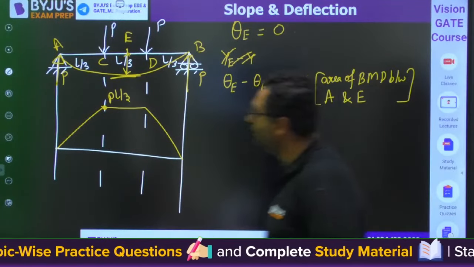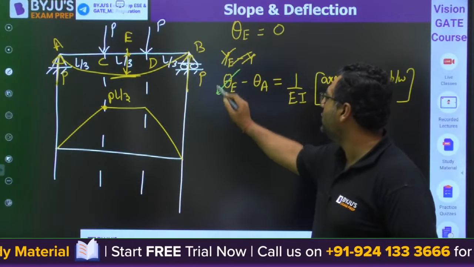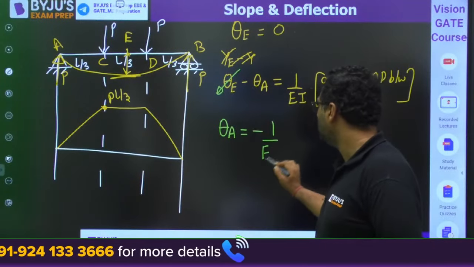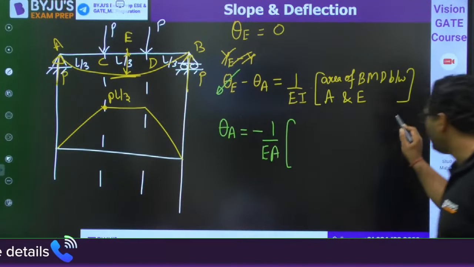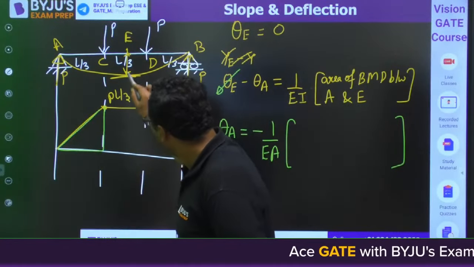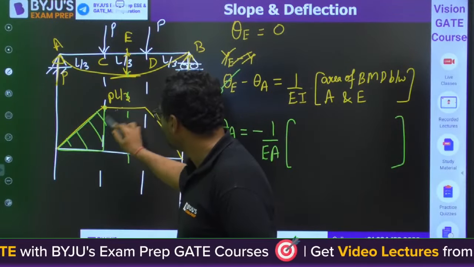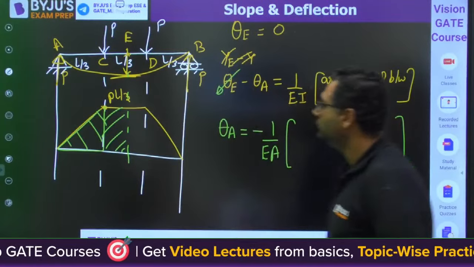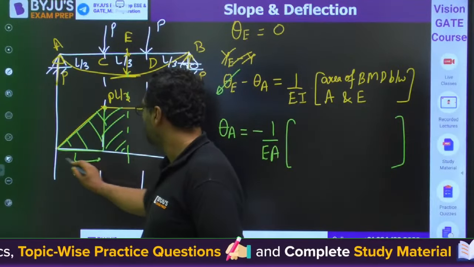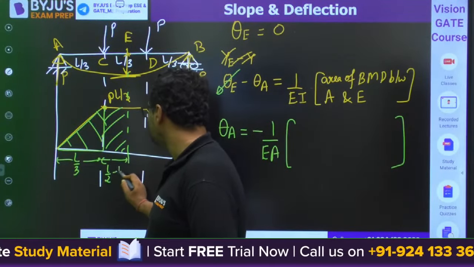This time I am expecting you will give the correct answer. This is a relatively easy question. Theta at E is 0. You need to write the area of triangle and area of rectangle. This is L by 3 and this is L by 2 minus L by 3.